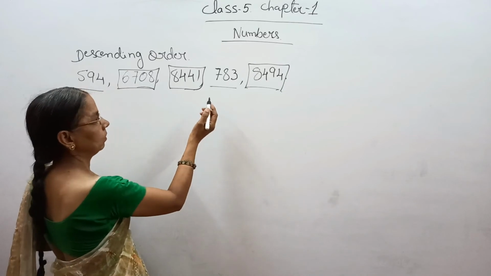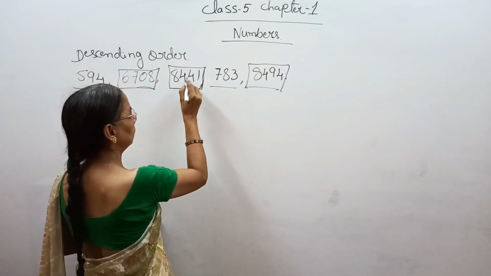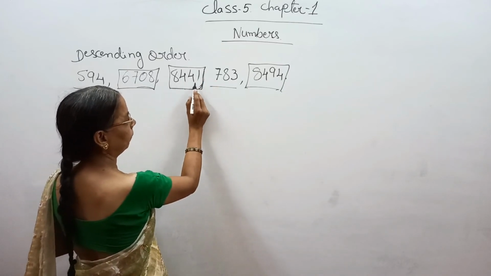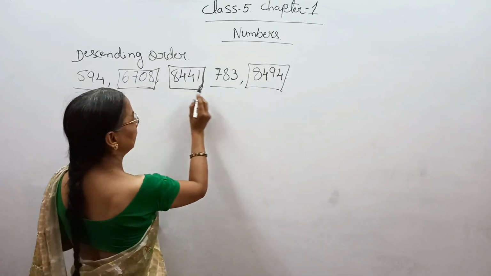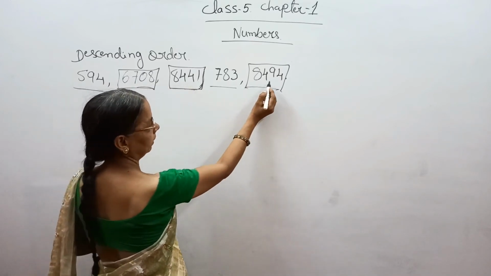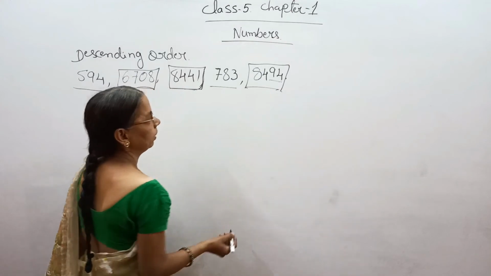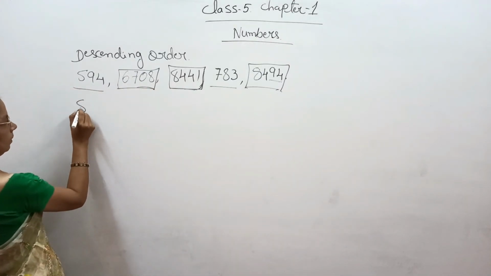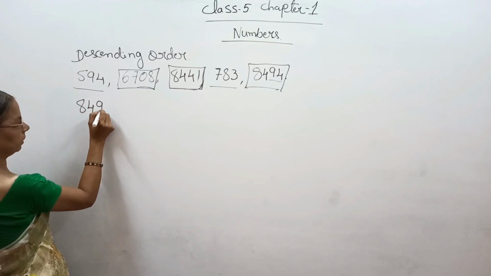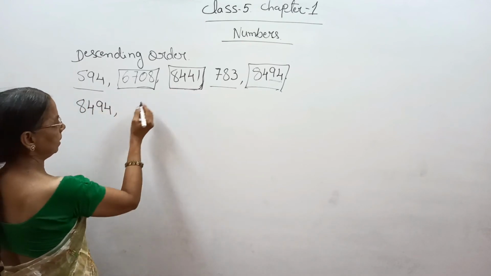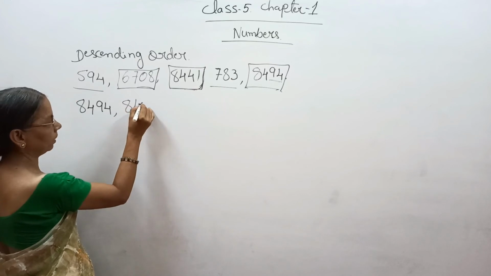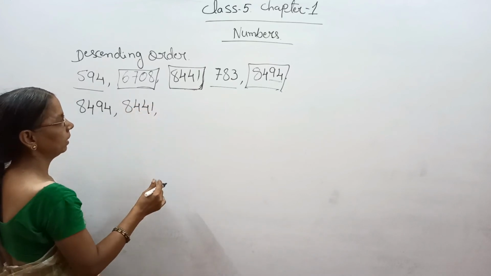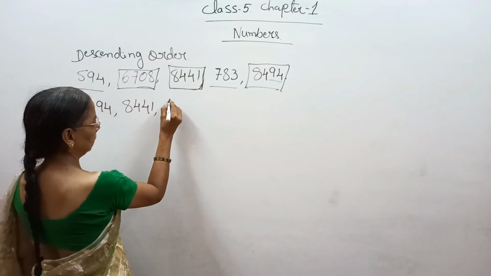Now we have to take only 2 numbers, that is 84, 84. These are same. Now here 41 and here it is 94. Then simply we take that 94, 8,494 first, then 8,441 second.